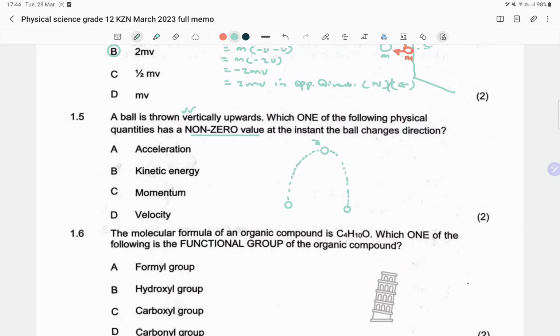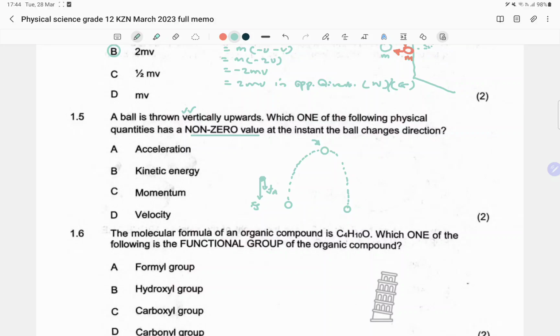So we know that as this object is going up, there are two forces acting on it. There's going to be gravitational force downward, and there's going to be air friction, depending on the magnitude of each. Let's just say friction by the air.